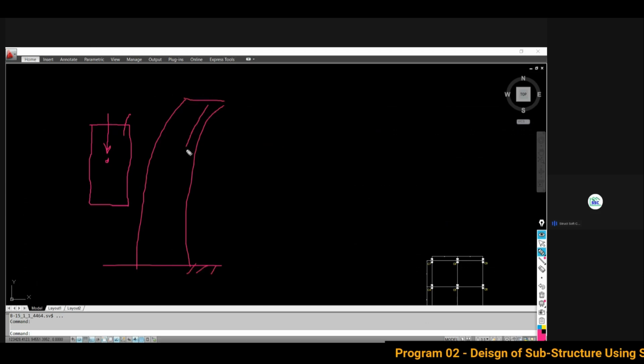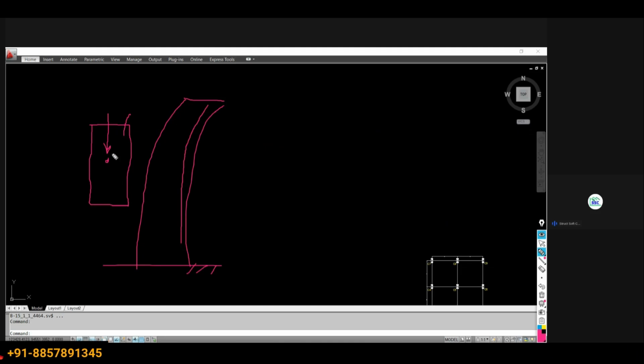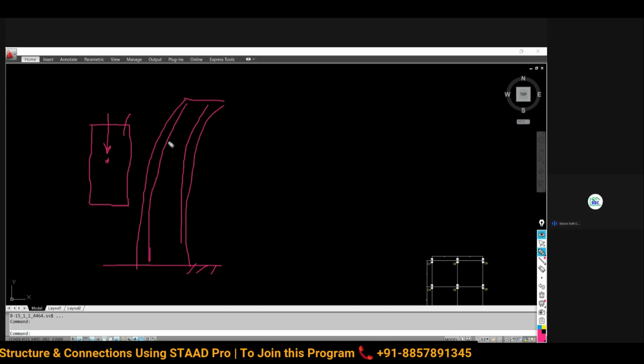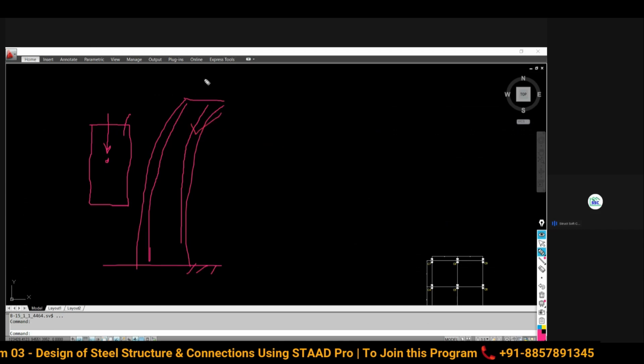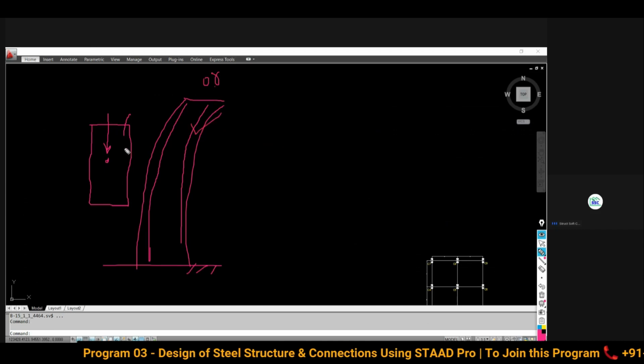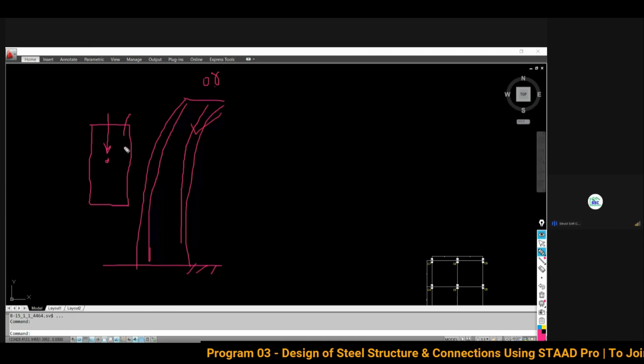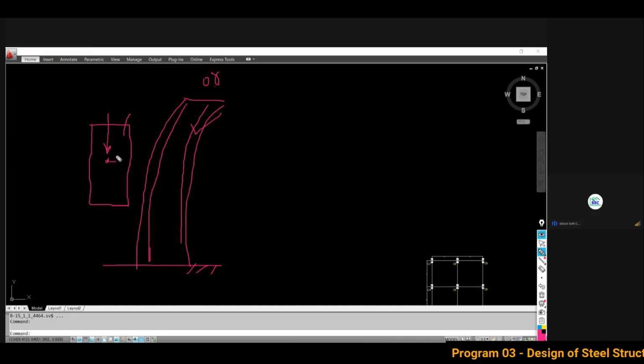So the design demand of reinforcement will be very much smaller, or minimum reinforcement is needed in your column, because the flexural stress on your column is not occurring, due to no eccentricity. So pure axial load.